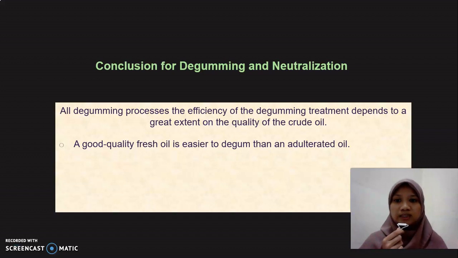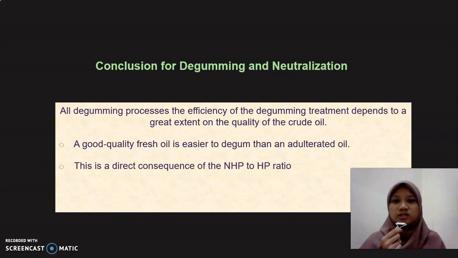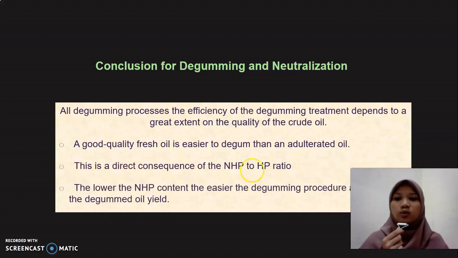And then a good quality fresh oil will be easier to degum than the adulterated oil. And this is a direct consequence of the NHP to HP ratio. The lower the NHP content, the easier the degumming procedure, and the better the degummed oil yield.